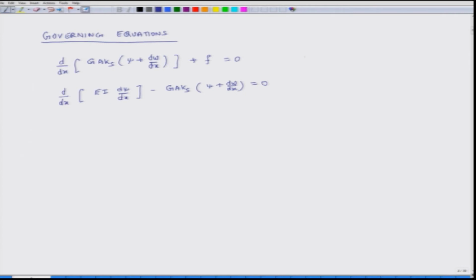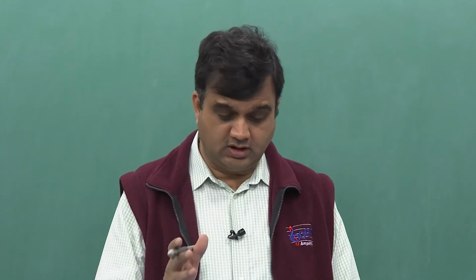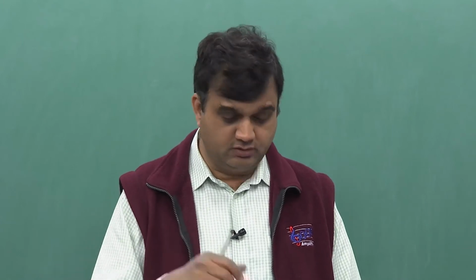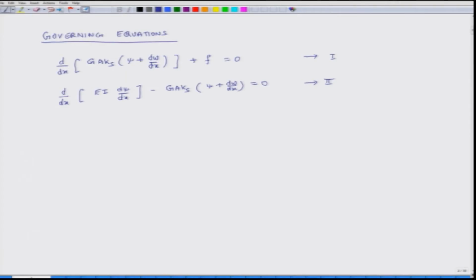Okay. So, the first one relates to the equilibrium of forces, and the second equation relates to equilibrium of moments. So, the first one ensures the W direction degree of freedom has equilibrium, and in the second case the rotational degree of freedom is at rest.